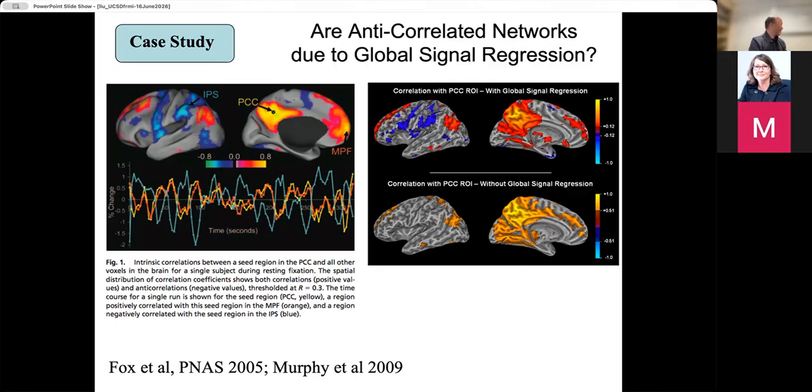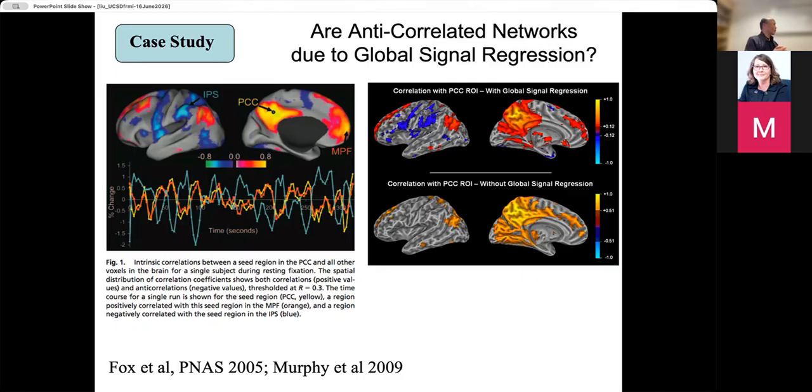Is there other data, other experiments, that still show the anti-correlation? I think so. You're one of the papers, actually. We did MEG and EEG. Yeah. So the one piece of information I didn't give you is that if you give people caffeine, it also changes the effect of global signal regression. So what does caffeine do?